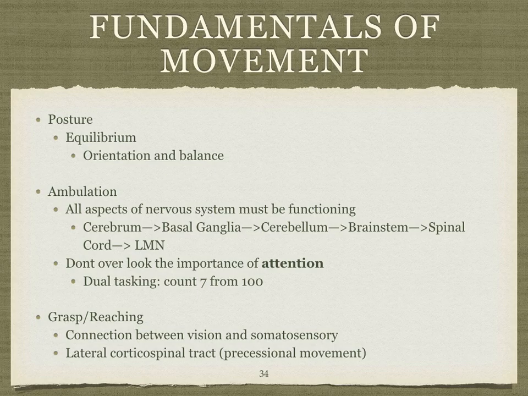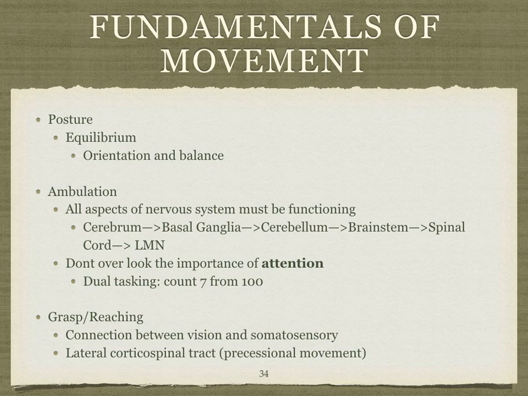And then grasping and reaching is the connection between our vision, our somatosensory, and that precisional movement. For example, our lateral corticospinal tract, okay? So that's giving that input of being able to coordinate those movements very fine-tunedly. What's interesting about this is that when we're children and we start to move around and explore with our hands, we don't necessarily have proximal trunk stability.